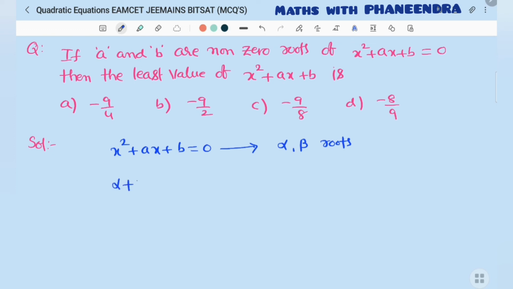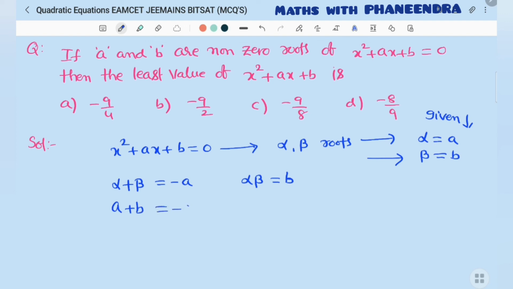Sum of the roots alpha plus beta is equal to minus a according to this equation. Product of the roots alpha beta is equal to b. So in place of alpha beta, alpha is equal to a and beta is equal to b, as mentioned. So substitute: a plus b is equal to minus a. That minus a we can take to this side as a plus a. 2a plus b is equal to 0.